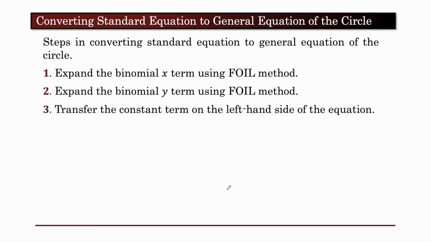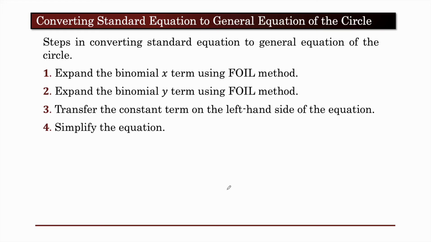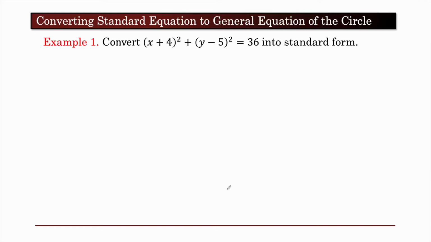Number 3, transfer the constant term on the left hand side of the equation. 4, simplify the equation. So, we only have 4 steps. Okay, so let us give an example. Number 1. So, this is in standard form. Our task is to convert it into general form. It must be in general form.